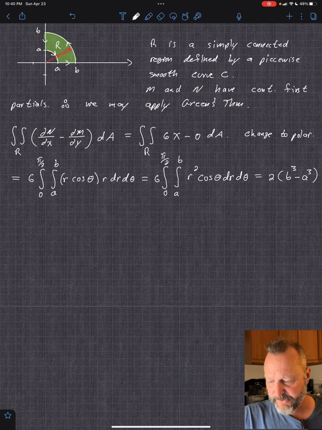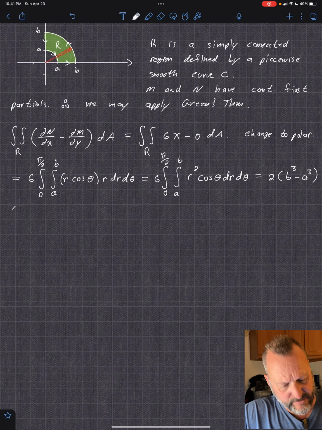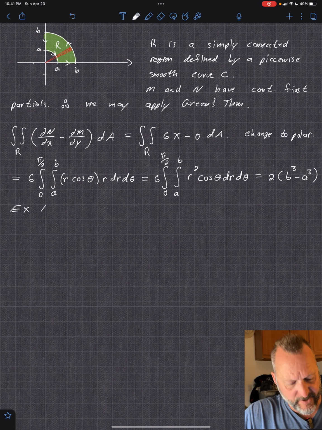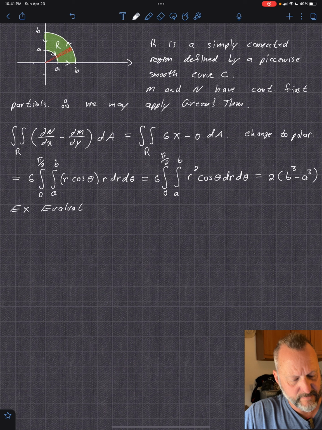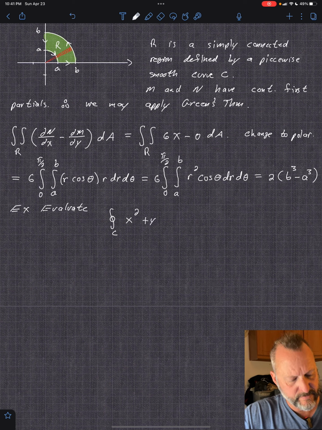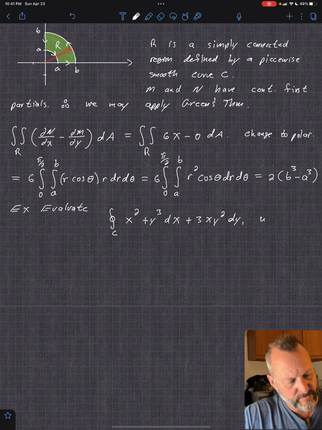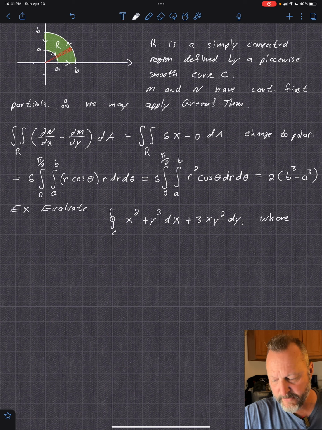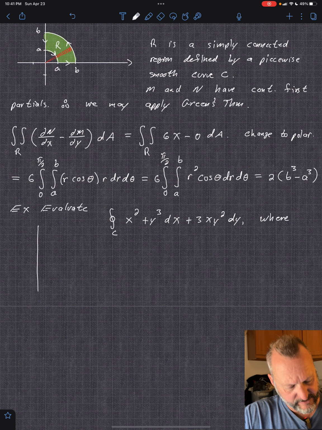Okay, let's try this one. So next one, evaluate the line integral over C of x squared plus y cubed dx plus 3x y squared dy, where C is given by this.